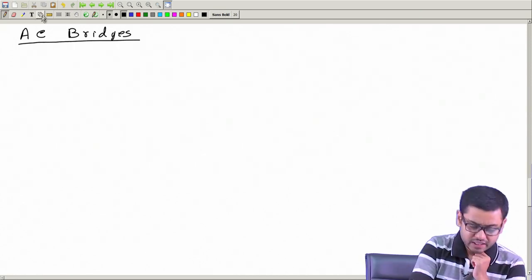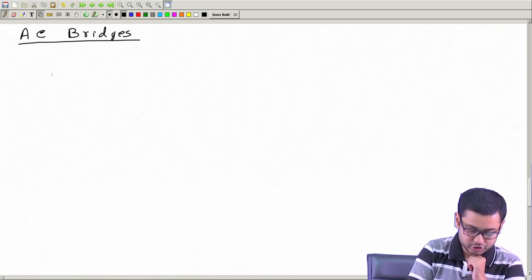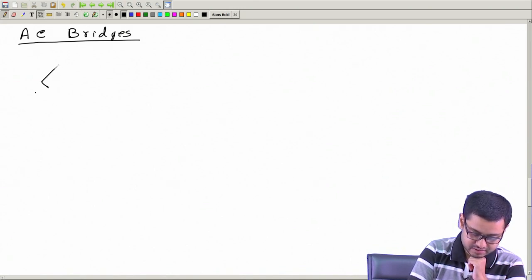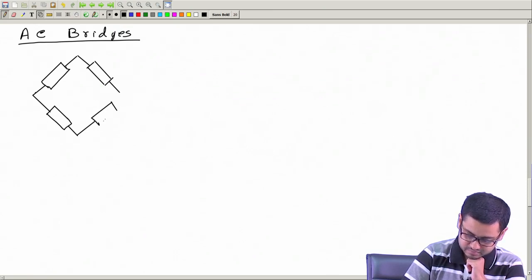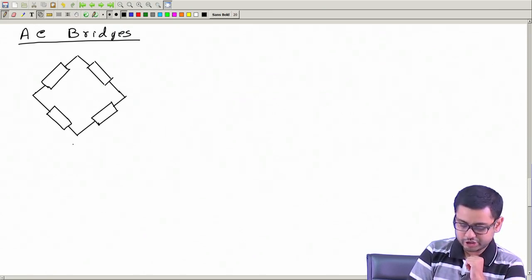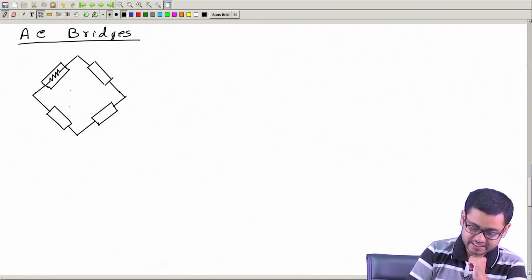So, this is a generalization of the Wheatstone bridge. What do we have in a Wheatstone bridge? We have 4 resistances connected like this. In case of a Wheatstone bridge, all these boxes denote some resistance.